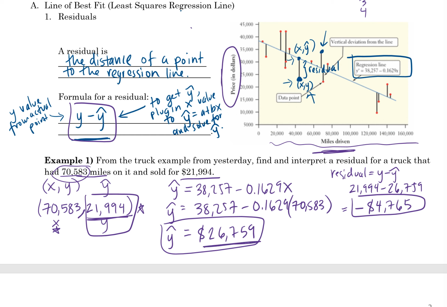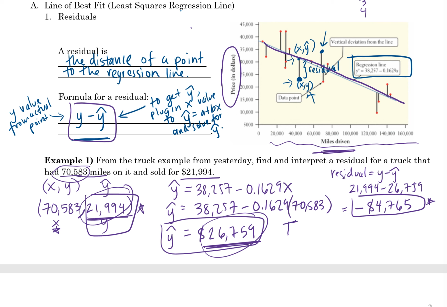However, the price that the person was supposed to pay for the truck, according to my line of best fit, was $26,759. So if this person paid $21,000, but they were supposed to have paid $26,000, what does that mean? Well, it means that person got a really good deal. It means that person paid about $4,765 less for the truck than what was expected, than they were supposed to.